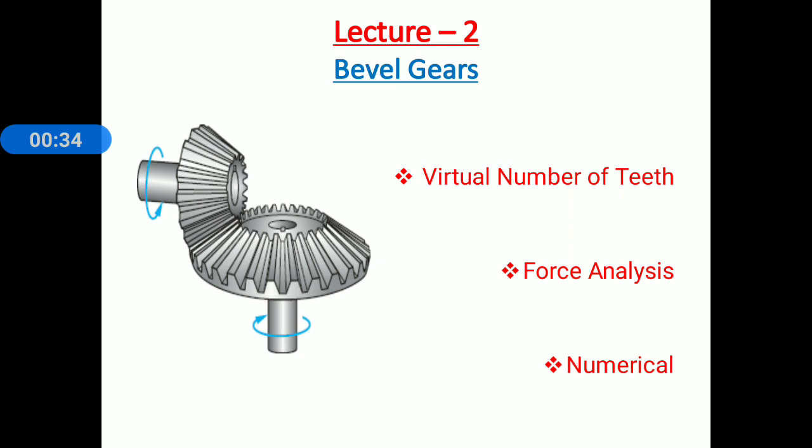In this sketch, the cross section of teeth decreases in size as it approaches toward the apex point. Therefore, the pitch circle diameter, module, addendum and dedendum decrease, and there is no single value for these parameters.